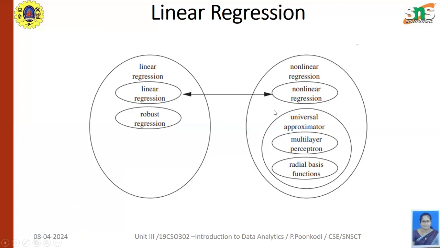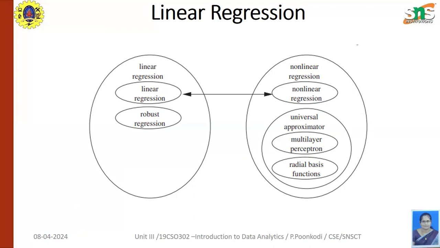The main difference between linear and non-linear regression is that both are used to identify the functional dependencies between the features.